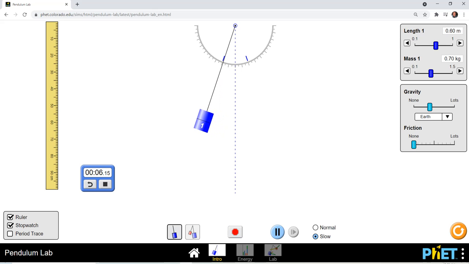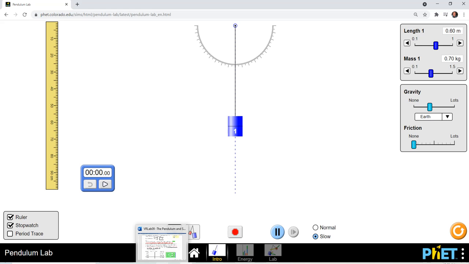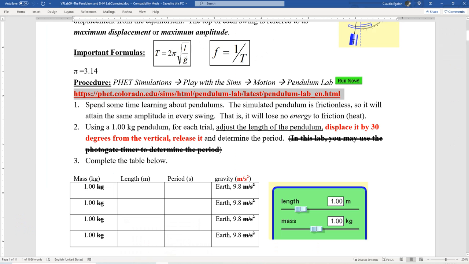Okay, so let's stop. And I'm going to stop the pendulum as well. And let's go back to the handout.